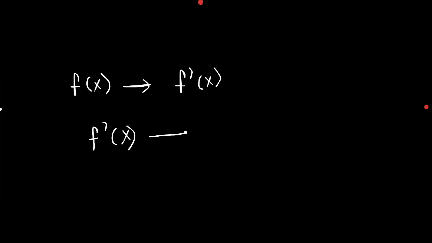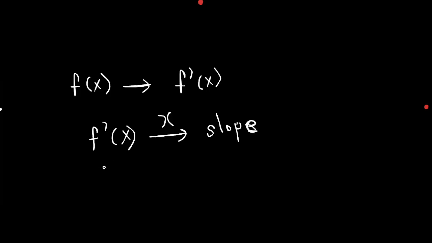Well, if we're given a function, our f of x, we find the derivative, giving us this expression, f prime of x. It's going to be an expression into which you plug your x value. If you plug some x value into here, it outputs the slope of our function f of x at this point x.